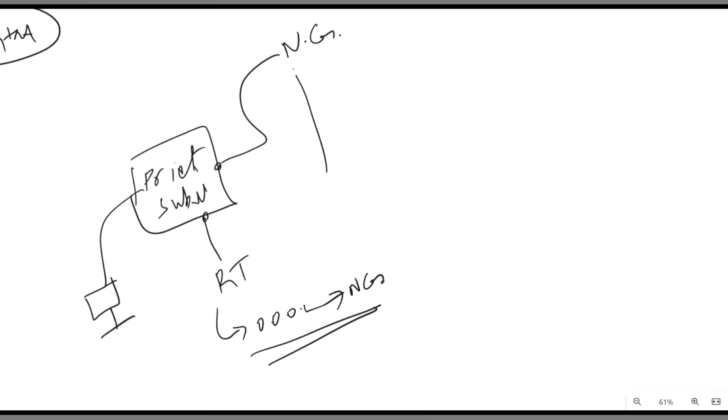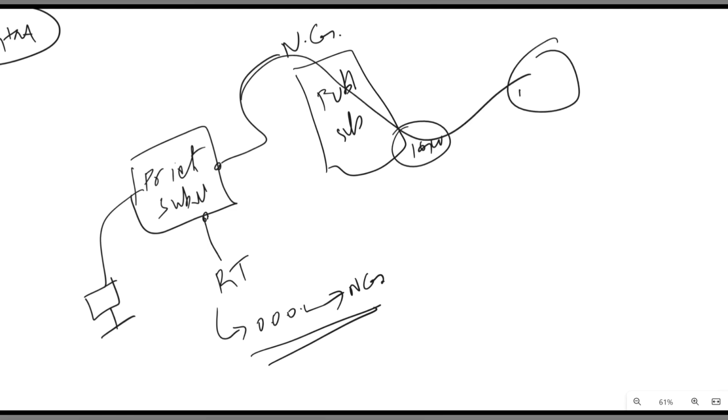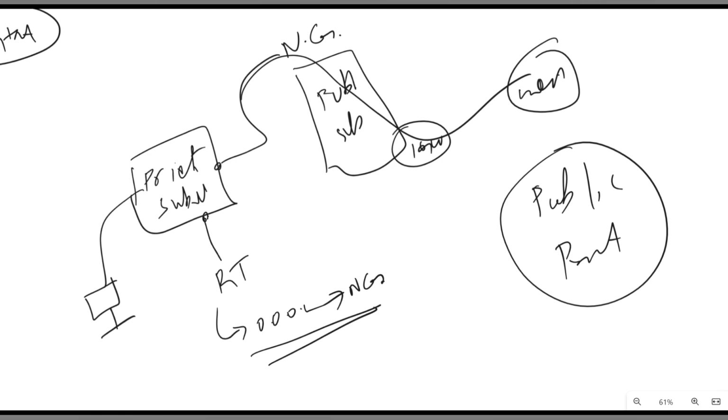This NAT gateway is again deployed in the public subnet, and this public subnet has an internet gateway. Through this it will go to the internet. In short, you need both a public subnet as well as a private subnet in order to implement and configure NAT gateway.